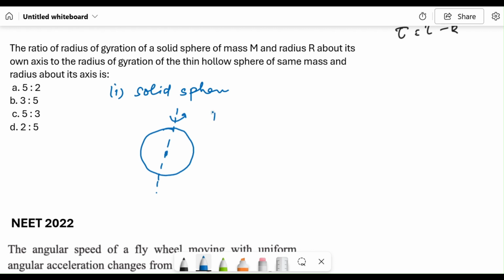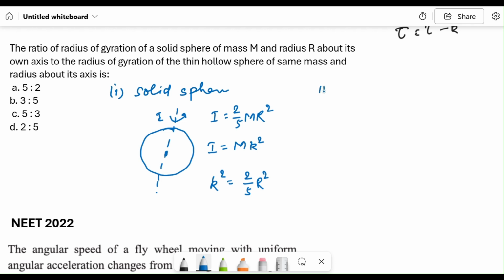So the moment of inertia about this axis will be 2 by 5 m r square. And we know in terms of radius of gyration and total mass, we can write moment of inertia as m k square. So equating these two things, you will get k square equals 2 by 5 r square.